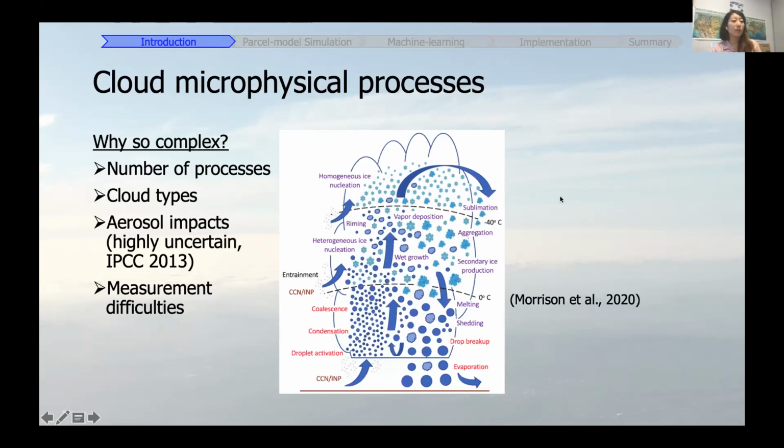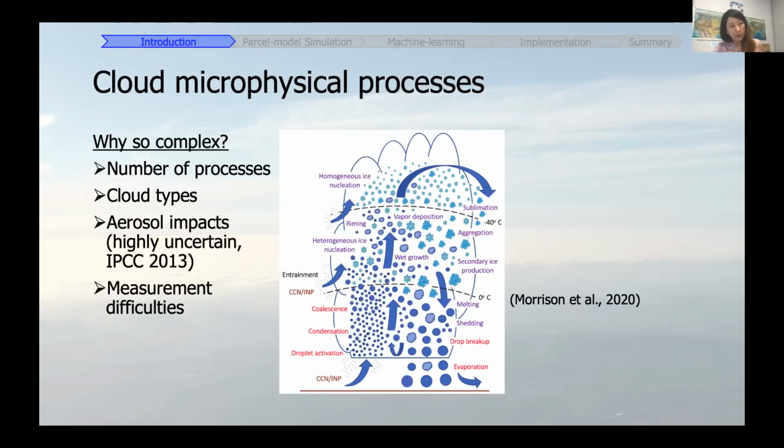I also want to point out that there are some anthropogenic impacts on clouds through aerosols. This so-called aerosol-cloud interaction has been drawing a lot of attention over the past few decades. And the IPCC actually names this aerosol-cloud interaction as one of those having the largest uncertainty in the climate system in terms of radiative forcing.